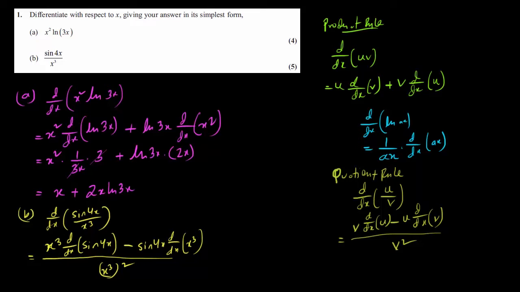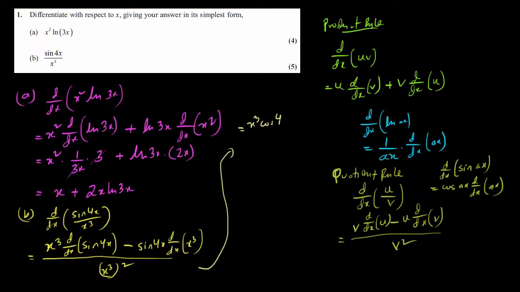So d by dx of sine ax is cos ax, and then there is the chain rule of the angle, d by dx of ax. That means what we have over here, let me do it over here. So this is going to be x cubed cos 4x into 4 minus sine 4x into 3x squared, divided by x to the power 6.